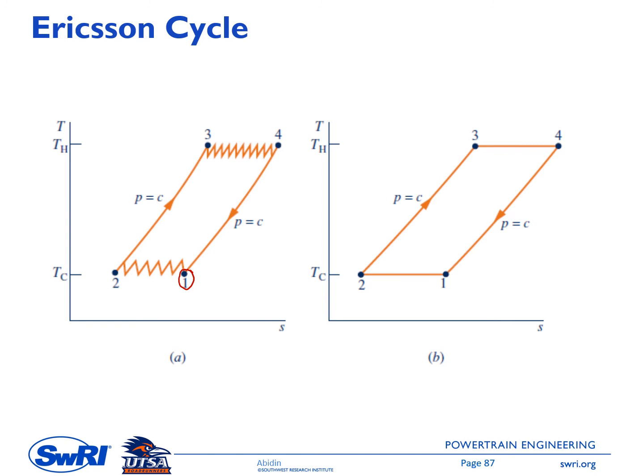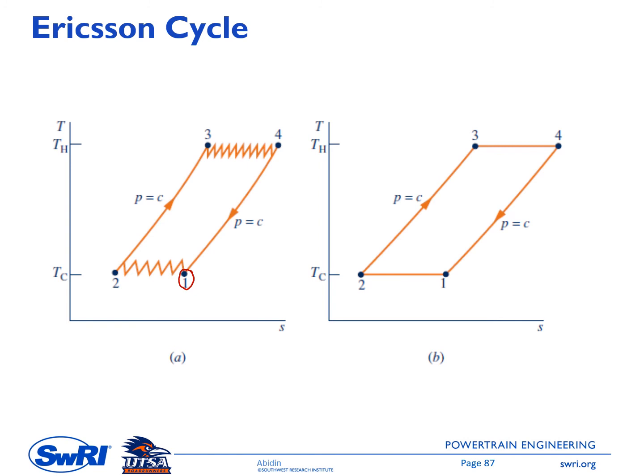After exiting compressor 1, it goes into the intercooler, and the intercooler brings the temperature back to T1. So at this point, the temperature is equal to T1.